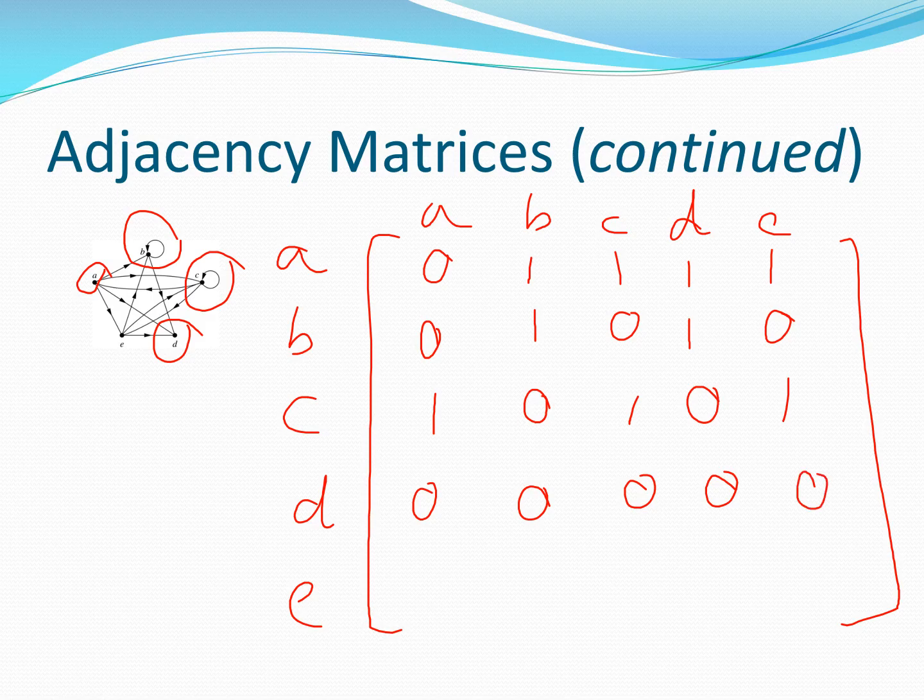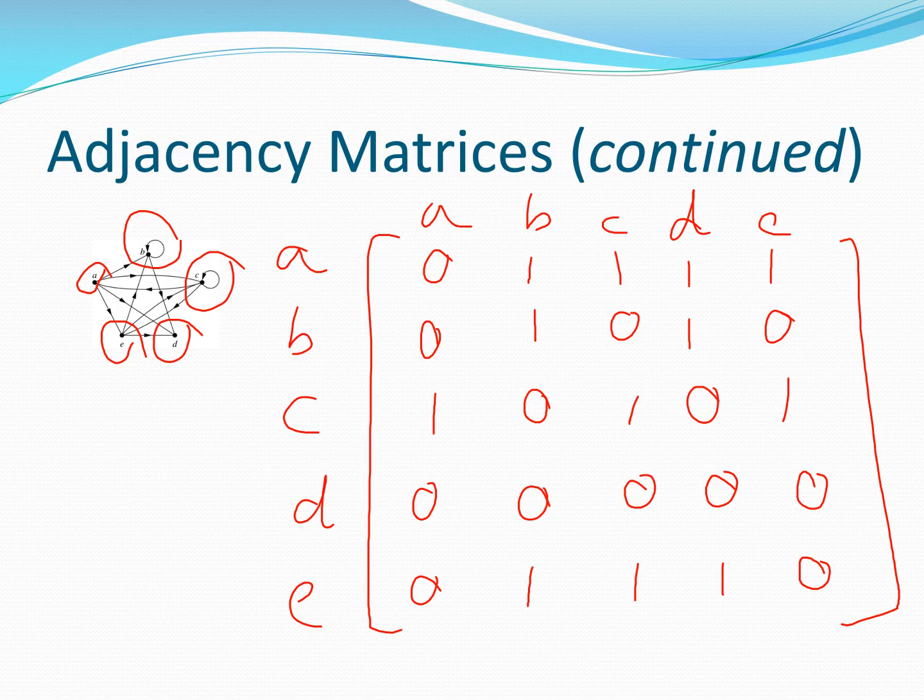Now let's take a look at E next. From E to A, there is no edge. From E to B, yes, there is an edge. E to C, yes, there is an edge. E to D, yes, there is an edge. E to itself, there is no loop, so that's going to be a 0.